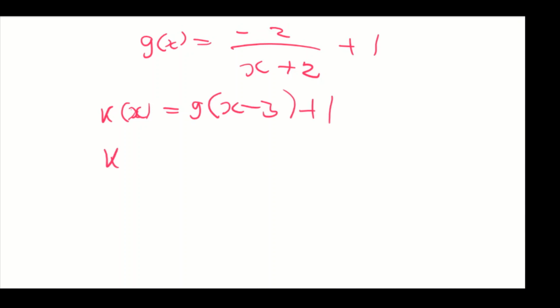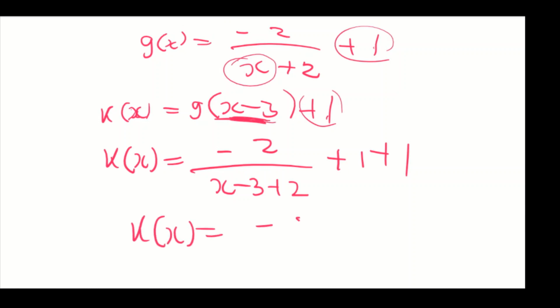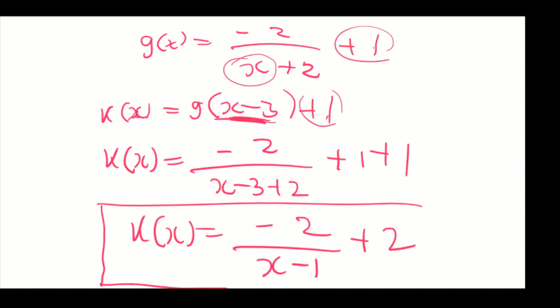So our k of x will be equal to minus 2 over, in our g of x, we're going to substitute this value here. It's going to be x minus 3 plus the 2 plus the 1, which is this one, and we're going to plus this one, which is 1. So our k of x is going to be equal to minus 2 over x minus 1 plus 2. So this is our equation of k of x.